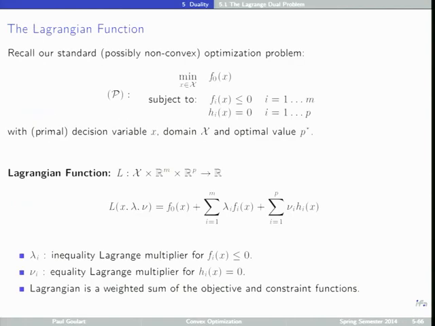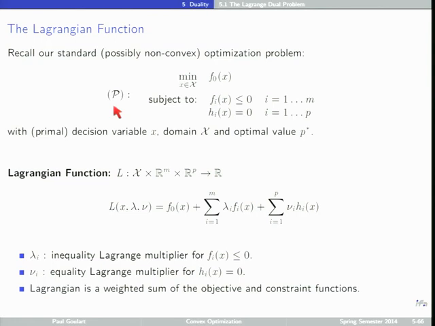So let's go back to our original problem. It doesn't necessarily have to be a convex problem to begin with. We say that we want to minimize some function, f0, and we want it to satisfy a collection of inequality constraints and a collection of equality constraints. I'm going to call this problem P, and P stands for primal.